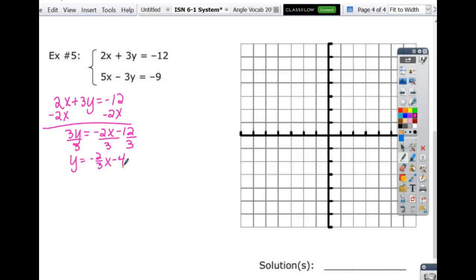So when I graph, I'm going to start at negative 4. Then I'm going to go down 2 and over 3. But I can also go up 2 and back 3. So this gives me my line.